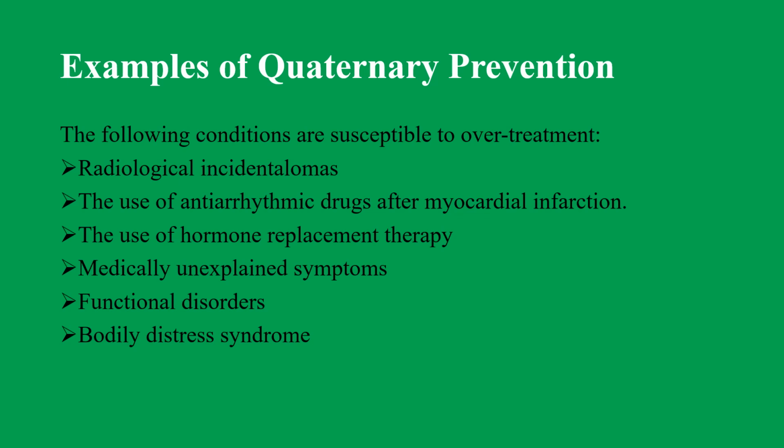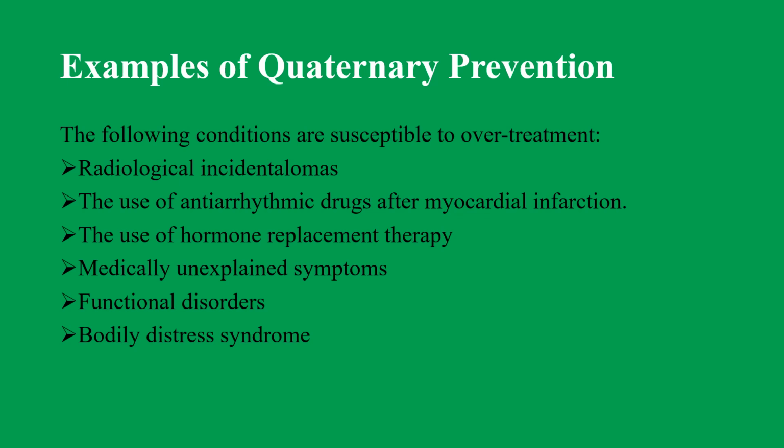The other one is use of antiarrhythmics. So these are drugs that are used to correct the rhythms, especially after myocardial infarction. So in most cases they end up having mortality. So we should keep watch on this.